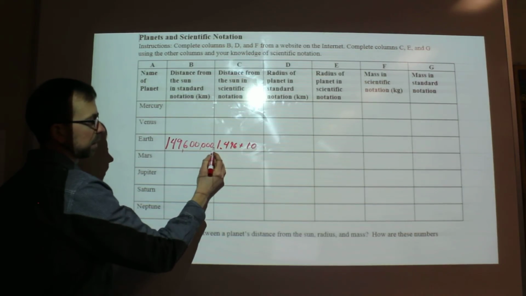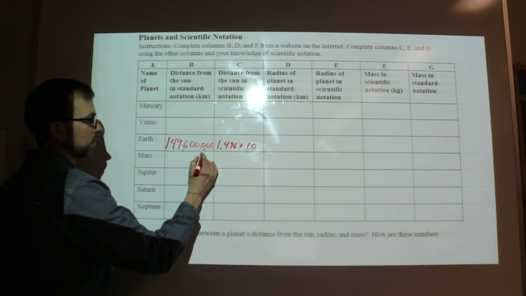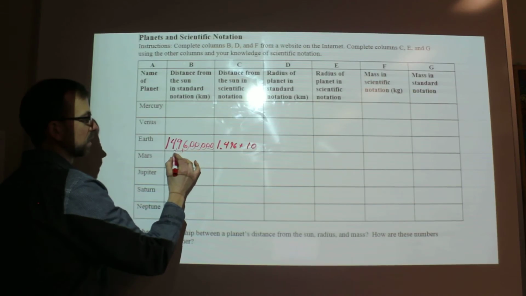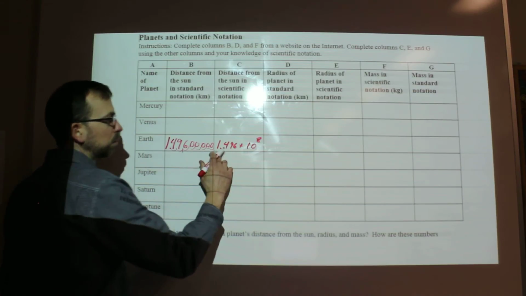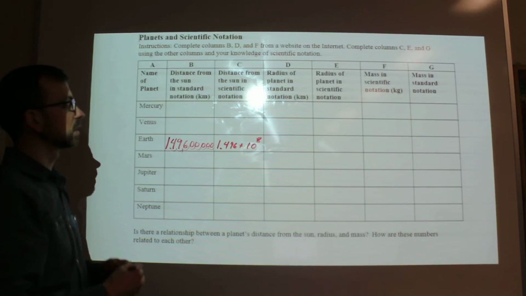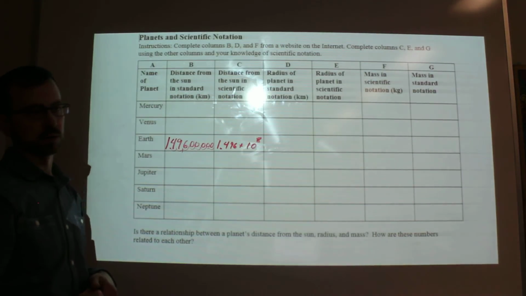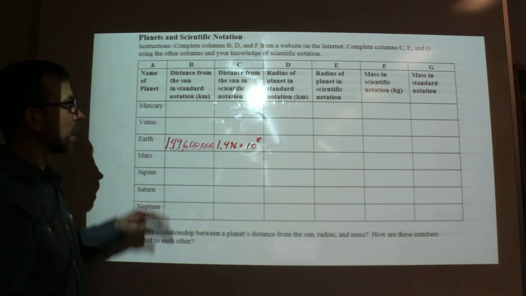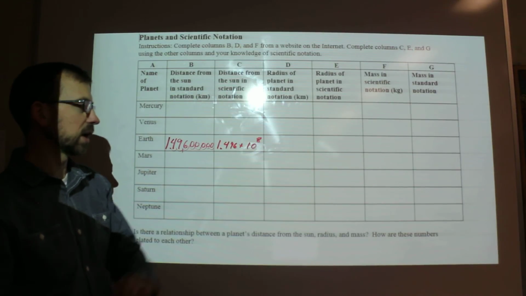Well, the decimal's out here behind the last zero. And then I count 1, 2, 3, 4, 5, 6, 7, 8. So 1.496 times 10 to the 8th would be the answer for the distance from the sun in kilometers in scientific notation. You're going to do that a couple more times for all the other planets. Then you look up its radius and also its mass and finish filling out this table.